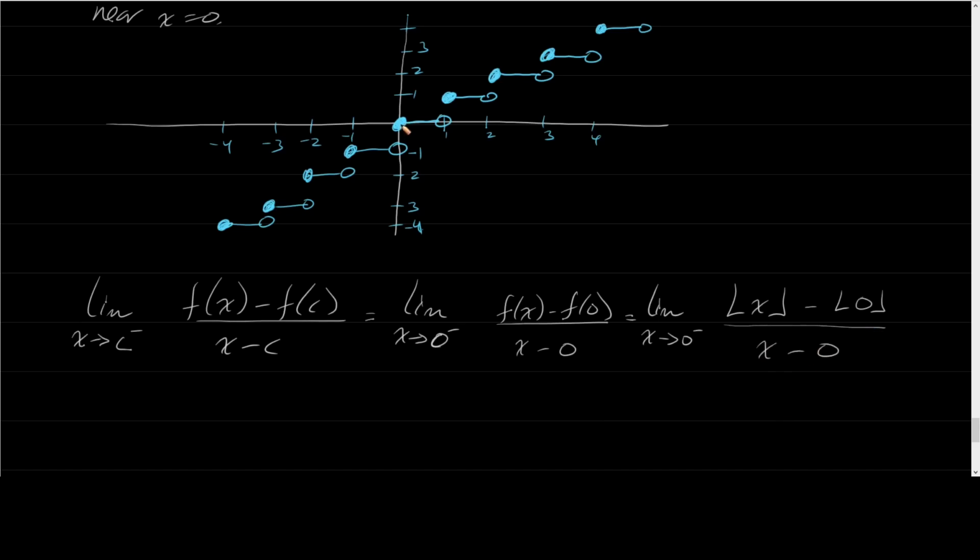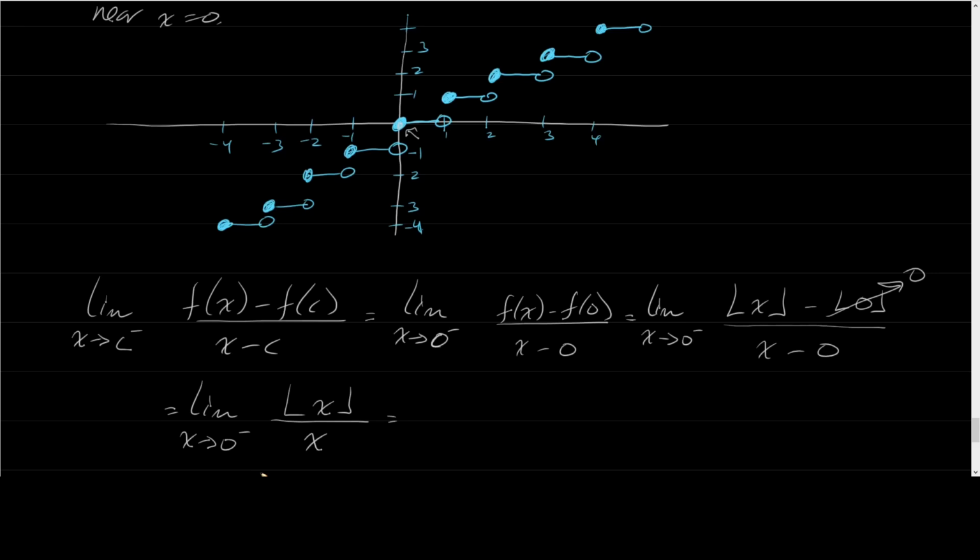The floor function at 0 is 0, so this is just 0. So we end up with the limit as x goes to 0 from the left of the floor function of x over x.